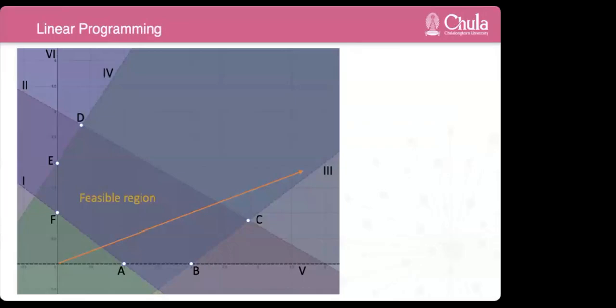So the next one is you draw a gradient of the objective function. The gradient of the objective function is here, the orange arrow, coming from here.